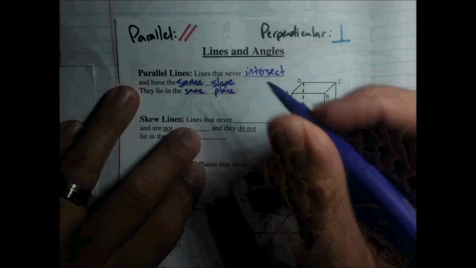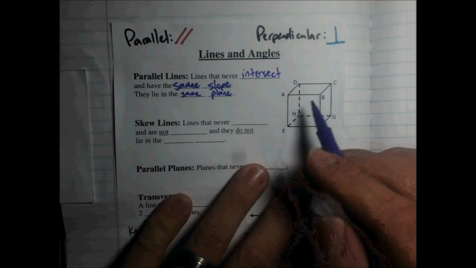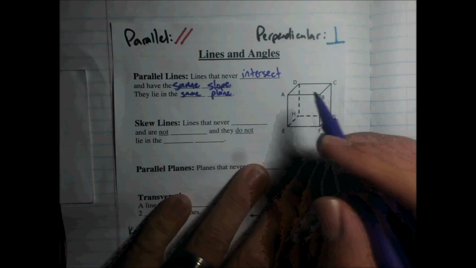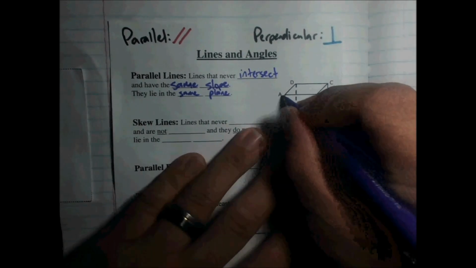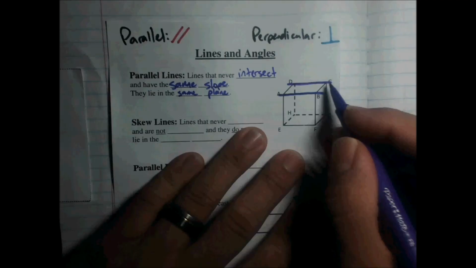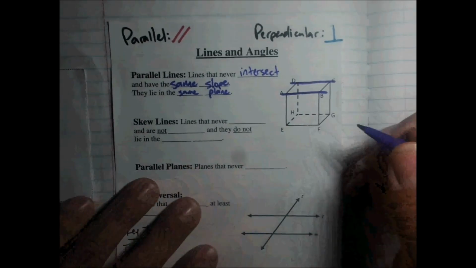So for a little box here, we can pick any two that have the same slope but are on the same side, right? So same plane means like the same side. So if we have, I don't know, AB and DC, they never cross, they never intersect, but they're on the same side. They're on the top. So in this case, we can write AB is parallel to DC.